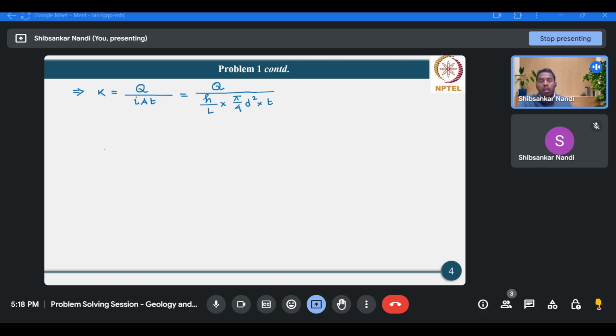Now this is the modified expression for K based on the constant head permeability test. Now we'll simply substitute the given values in this equation.